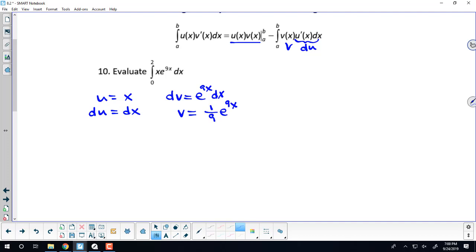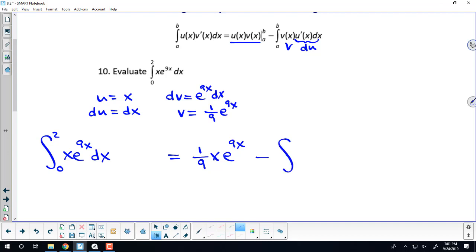All right, so the integral from 0 to 2 of x e to the 9x dx is u times v minus the integral of v du.